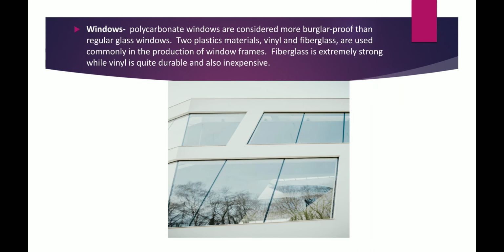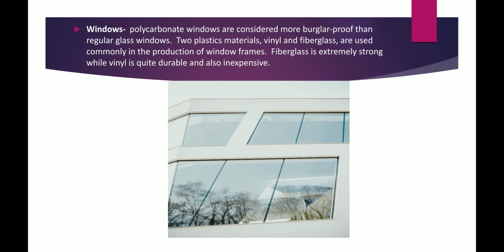Windows. Polycarbonate windows are considered more burglar proof than regular glass windows, and this is because polycarbonate is actually 200 times stronger than glass and will not shatter, and it is also lighter, easier to install, and less expensive than glass. Therefore, it is an excellent alternative to traditional glazing.